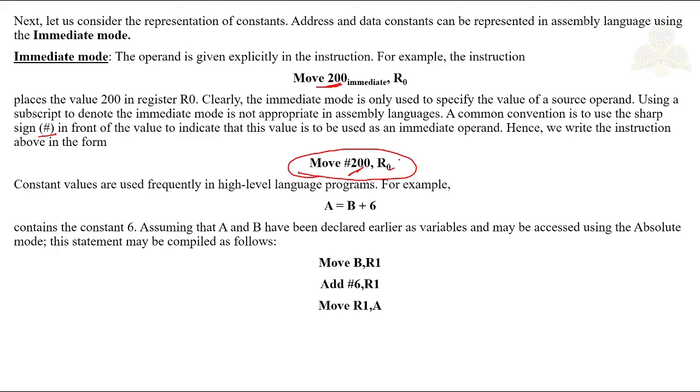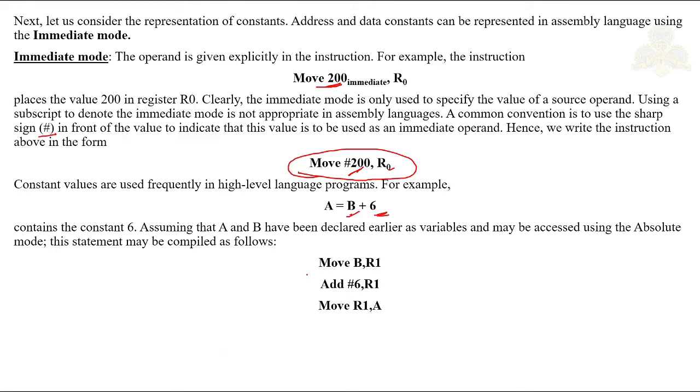Next we will see how constants are represented. For example, take this instruction a is equal to b plus 6. This says the value 6 should be added to the contents of the memory location b, and it has to be stored in a. Now how can we write this?